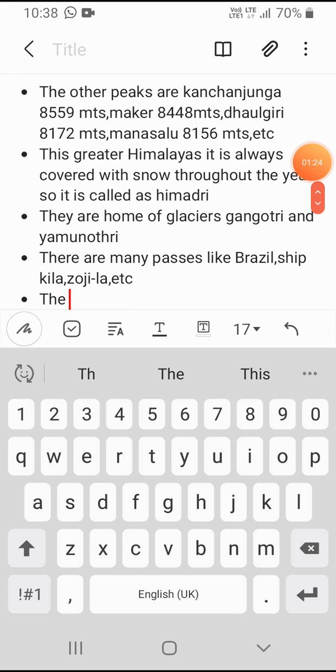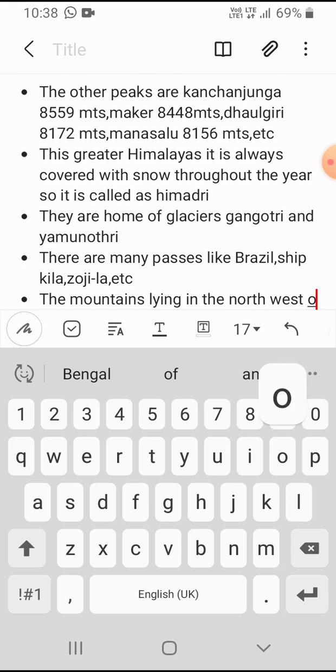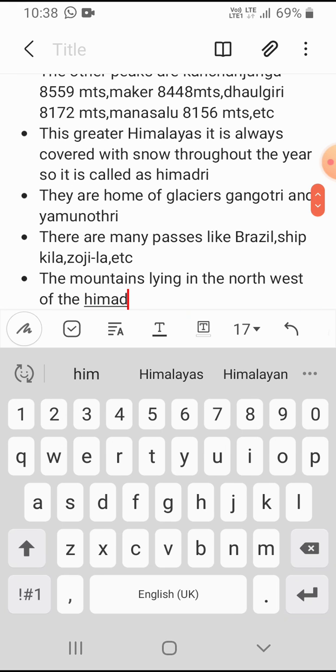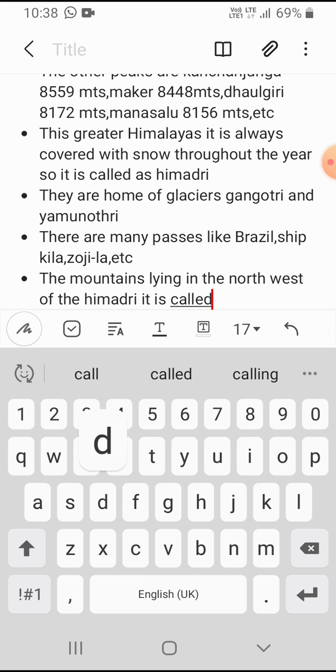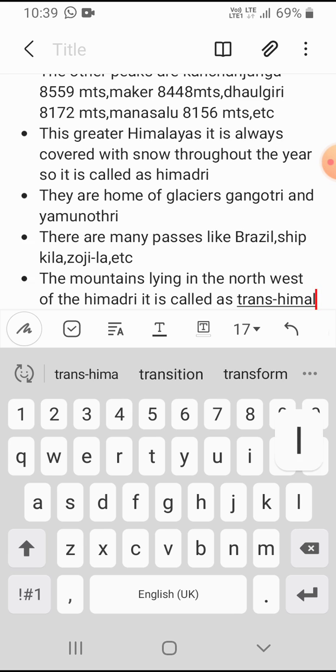The mountains lying in the northwest of the Himadri, the Greater Himalaya, are called the Trans Himalaya.